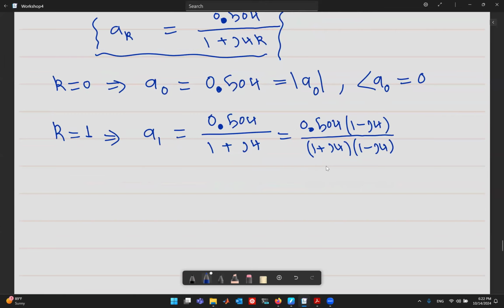And the denominator now will be just the magnitude of this number. Do you remember this? That's the difference of squares, right? But since this is complex, the square of j will be minus 1, so it will be just the addition of the squares. You're correct.